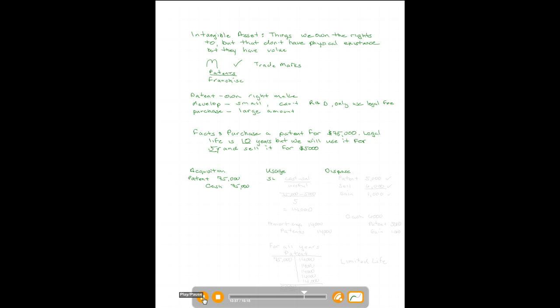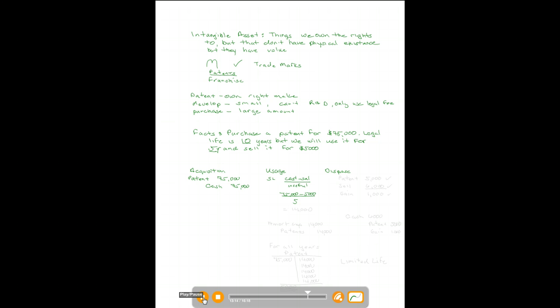And the formula for straight line is cost minus salvage value divided by useful life to us. So cost is pretty straightforward, $75,000. Our salvage value is $5,000, and the useful life to us, will we use 10, the life of the patent, or 5, the amount of time we plan to hold it? And the answer is 5. It's its useful life to us. So we are going to want to write off $70,000 over 5 years.